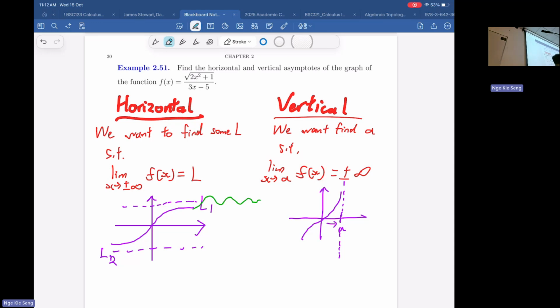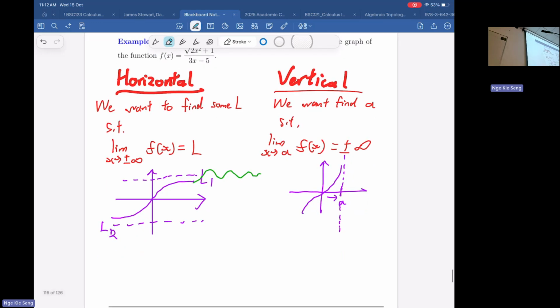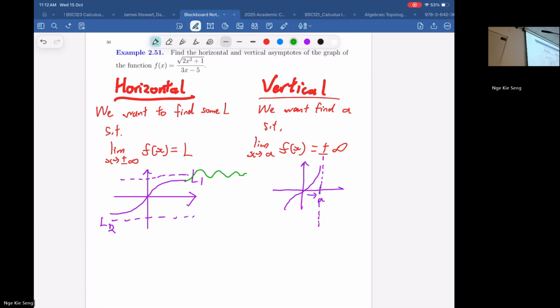What we're going to do is again replace this function with a simpler function. There are a lot of polynomials here, so the only thing you could do for now is divide by x. How many x do you want to divide by?